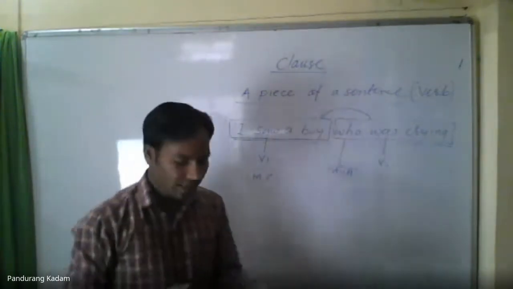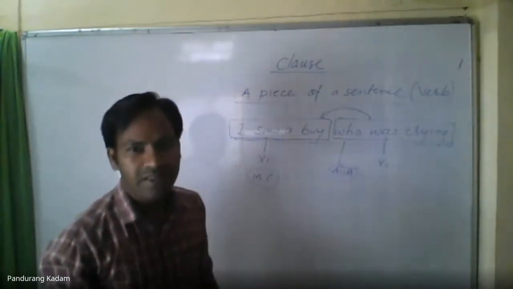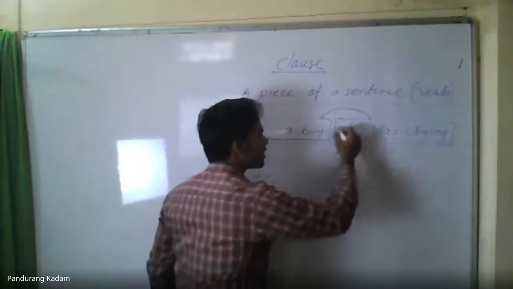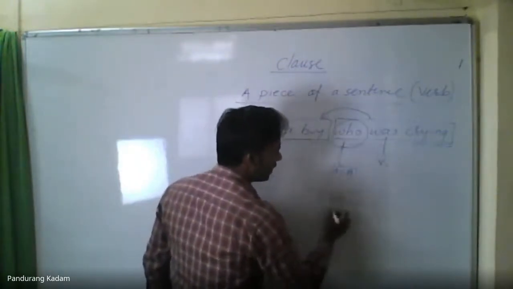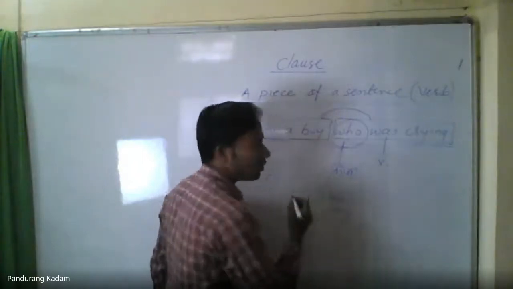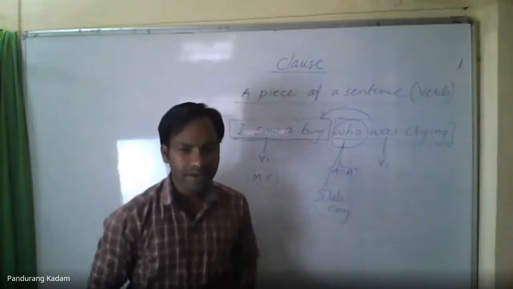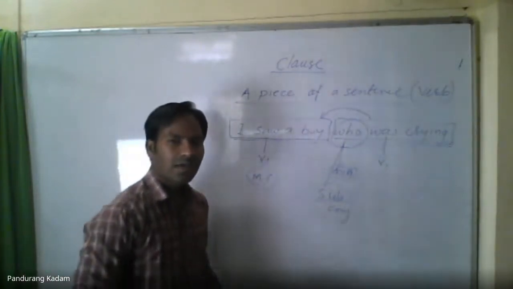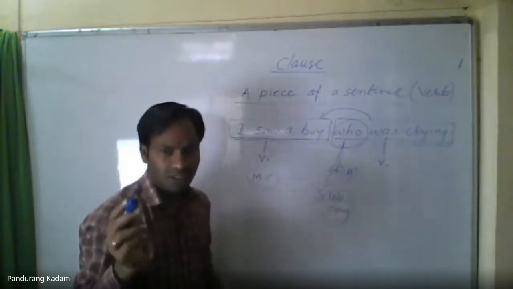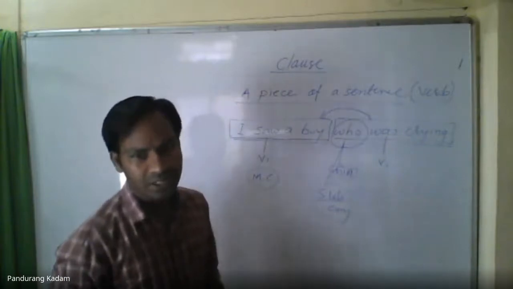And listen everyone, every subordinate clause starts with a subordinating conjunction. So यहाँ पे जो है ये subordinating conjunction. Sometimes a question can be asked that circle the conjunction, circle the subordinator, or circle the subordinating conjunction.